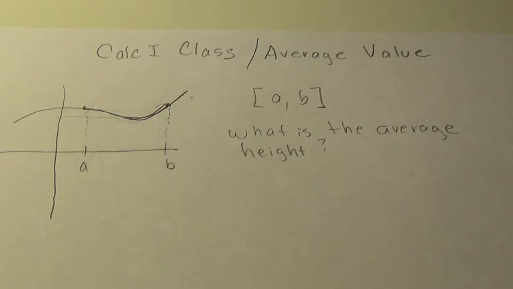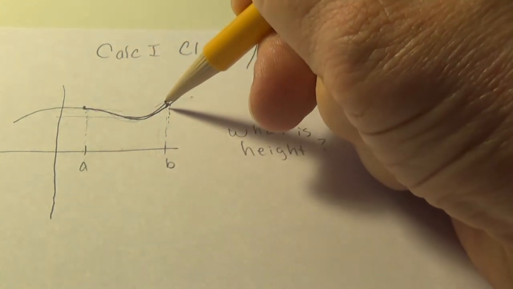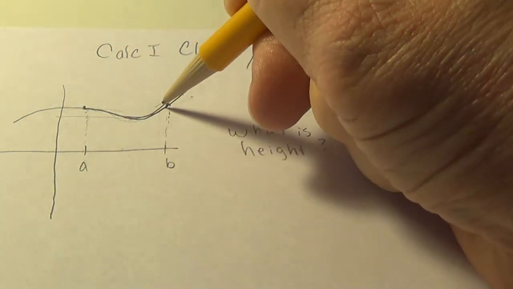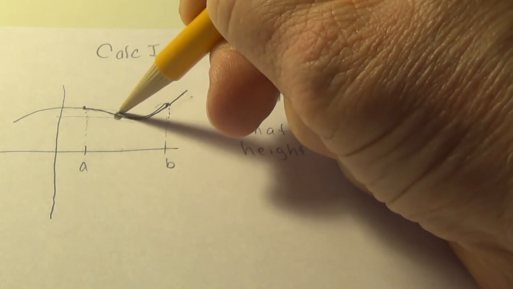Let's say that we're going to find some height, and let's say the average value, it goes up, it goes down, it goes way down, not as far up, then it goes up. I don't know, say this is the average value right there.